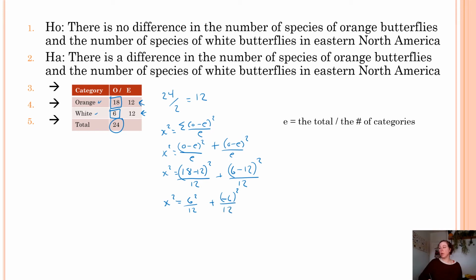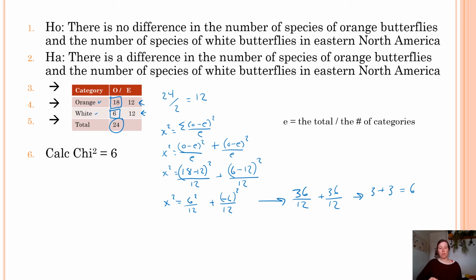I'm going to go this way because I need the space on the bottom. 6 squared is 36. And 36 divided by 12 is 3. 3 plus 3 equals 6.